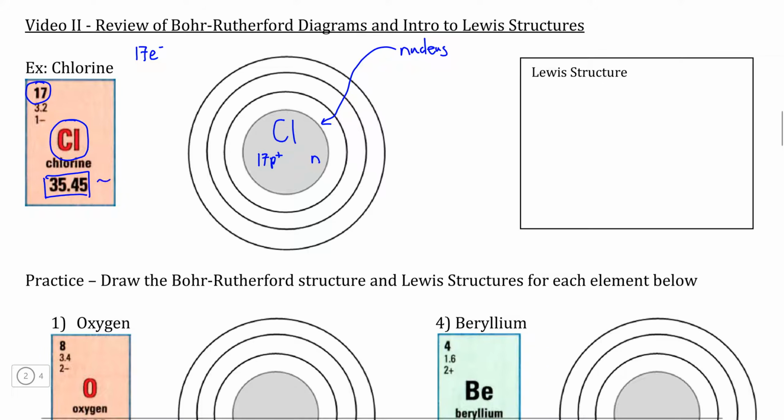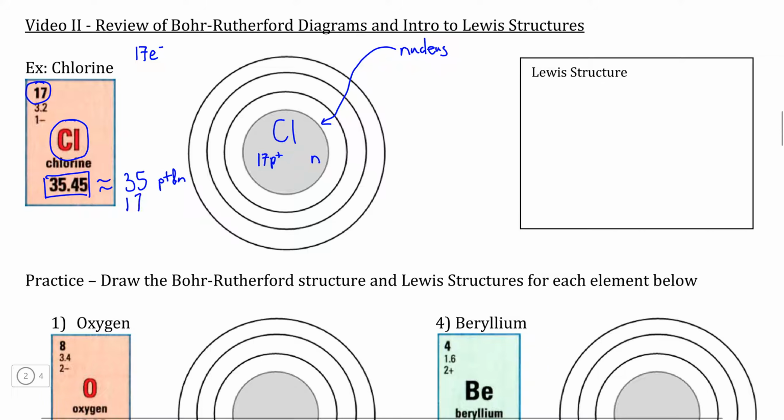We need to convert this into a natural number, meaning that we can't have 0.45 neutrons, so we need to round the atomic mass to the closest natural number. So since 35.45 is closer to 35 than it is 36, we're going to assume that chlorine has a combination of 35 protons and neutrons together.